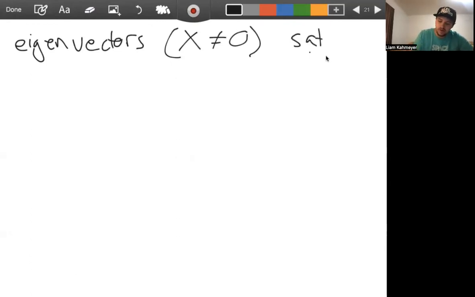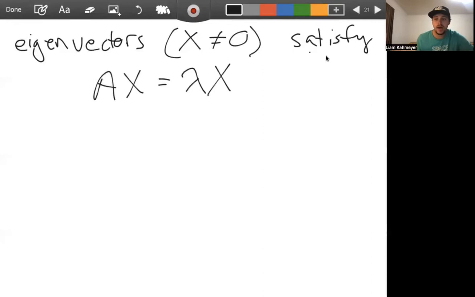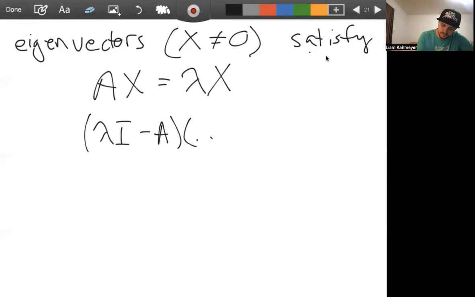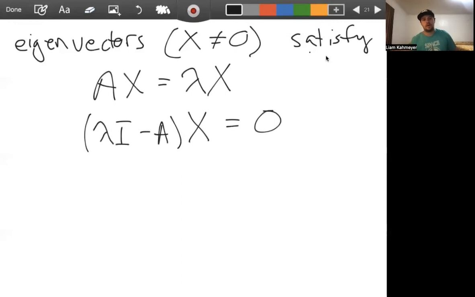They satisfy AX equals lambda X, right? Or if you would like, this is the same as lambda I minus A times X equals 0, right? Either one, you can use either one however you want to solve this.